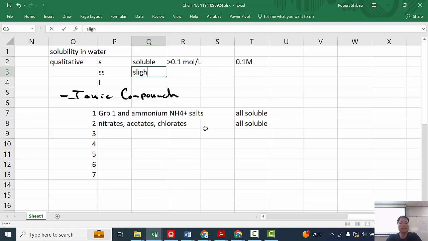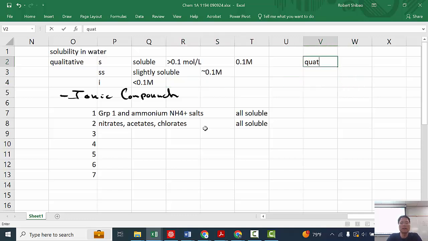Therefore, we have SS. SS is slightly soluble. So if it's at the borderline, then it's going to be about 0.1 molar in terms of solubility. And then if it's insoluble, that just means it has less than 0.1 molar solubility.